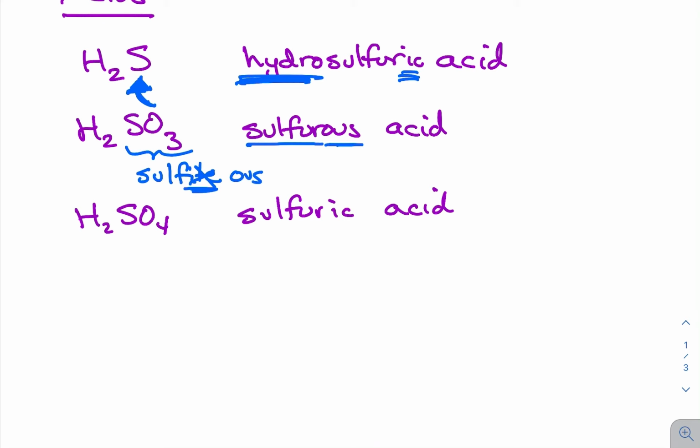So this becomes sulfurous acid. You could argue that this ought to be sulfic acid, and it's a whole thing that I don't want to get into, but if you call it sulfic acid on a quiz or exam, I will accept it. The key thing being that you change the suffix to "us."